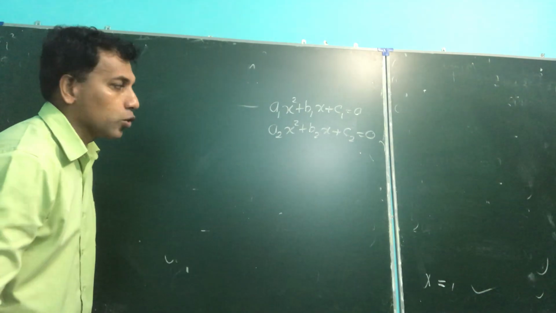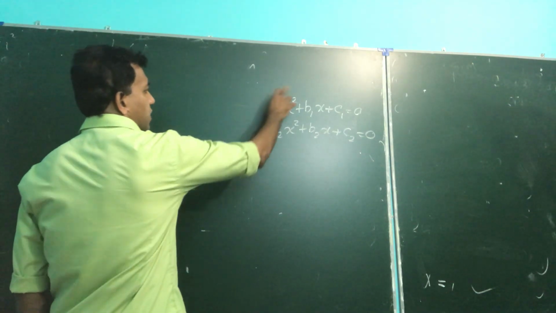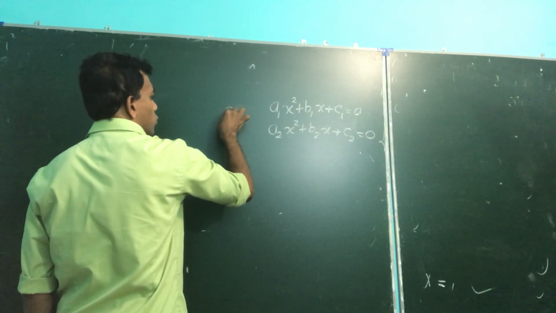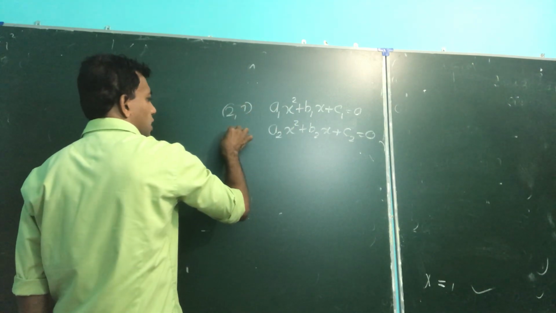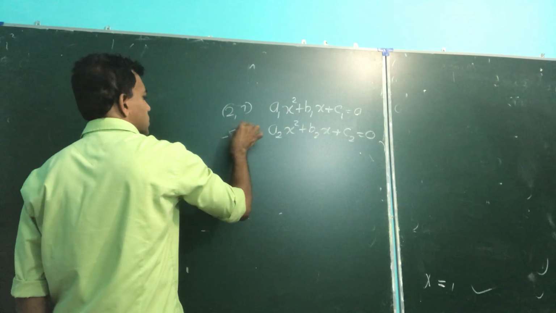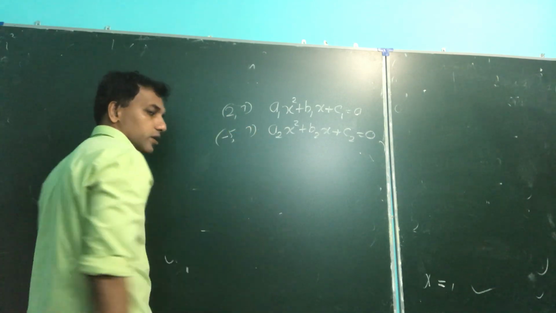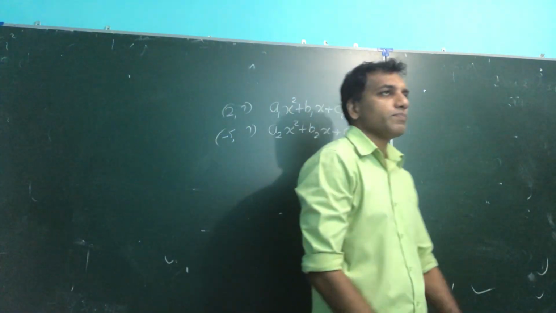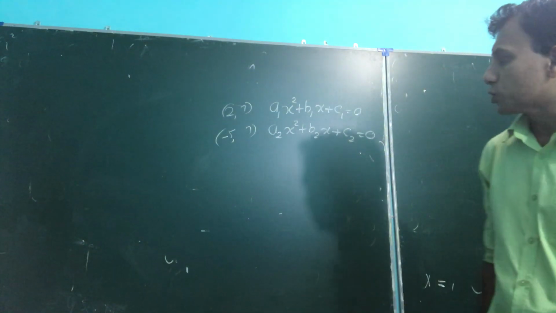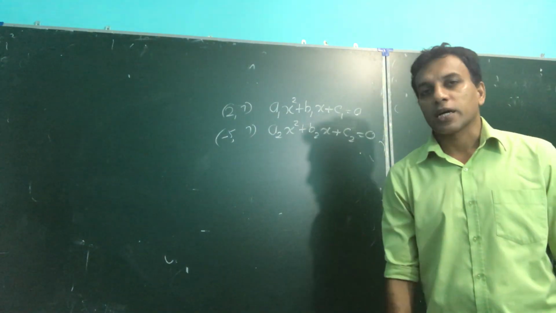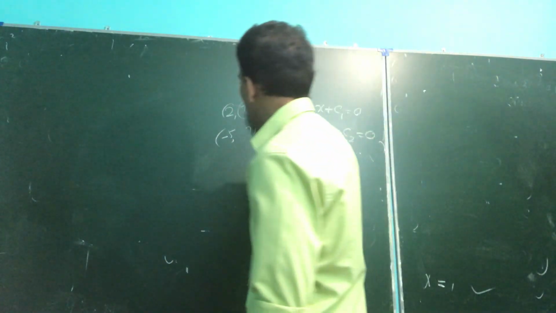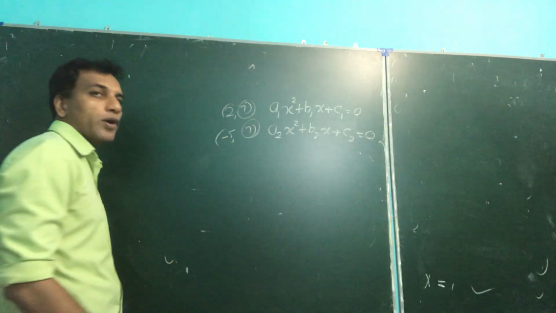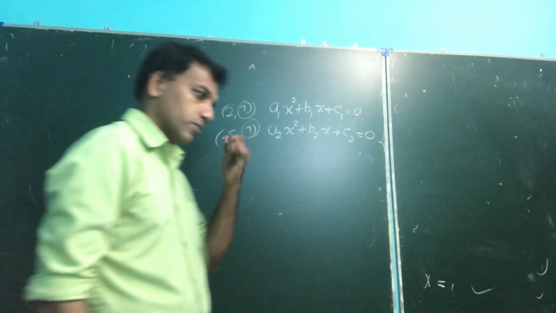What do you mean common root? If the first equation has roots 2 and 7, and the second one has roots minus 5 and 7, then 7 is common, no? That's the meaning of common root.